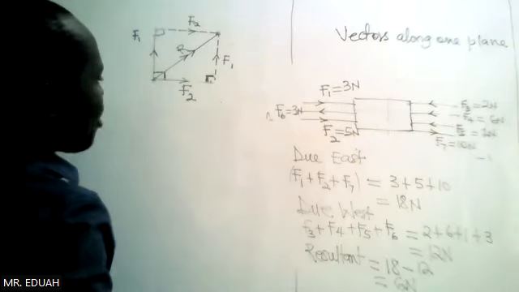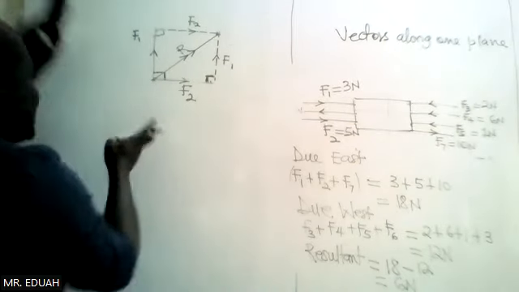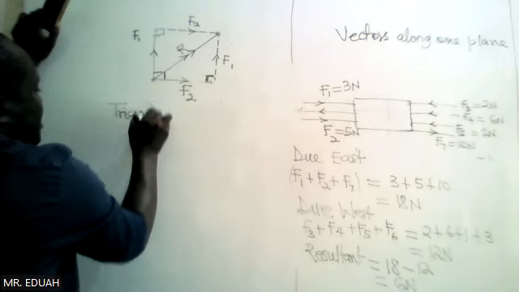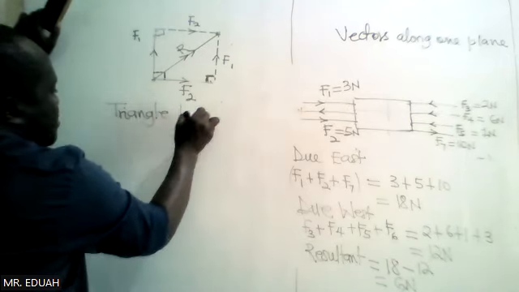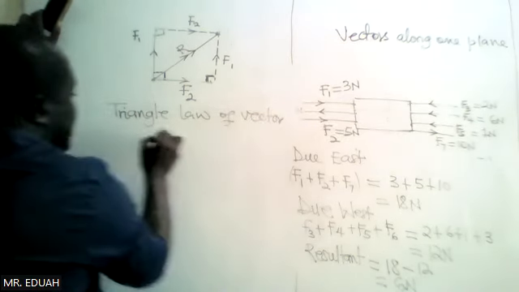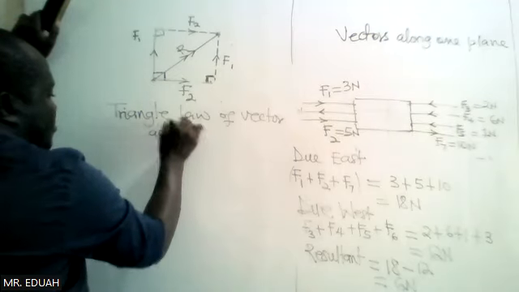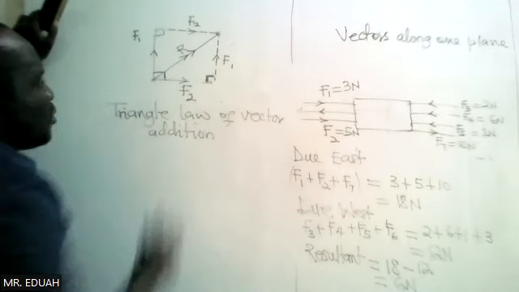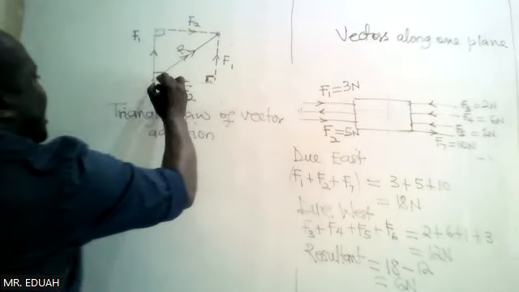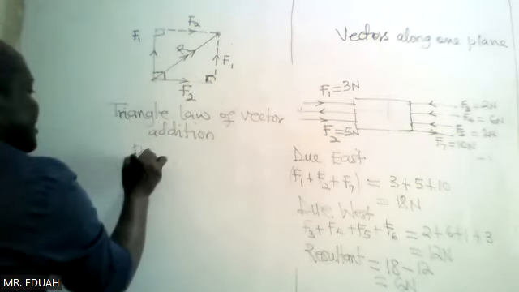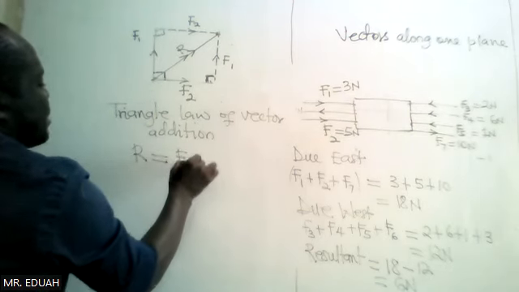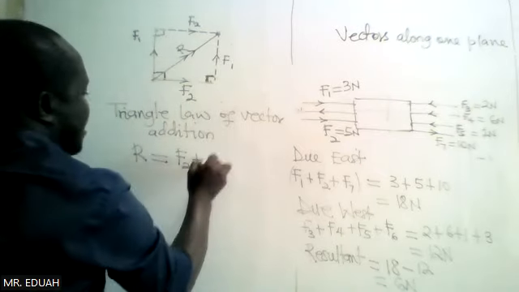And this follows a particular law of vector addition: the triangle law of vector addition. It simply means that R is equal to F2 plus F1.